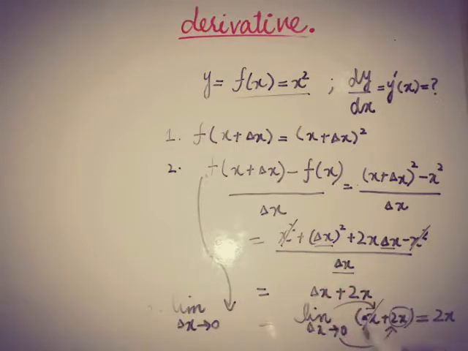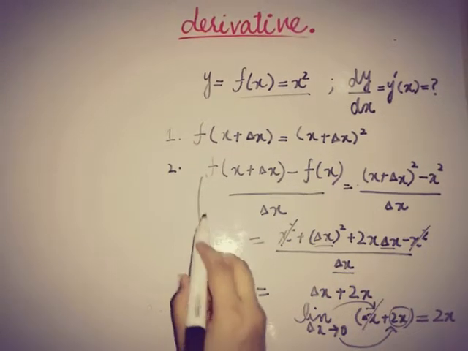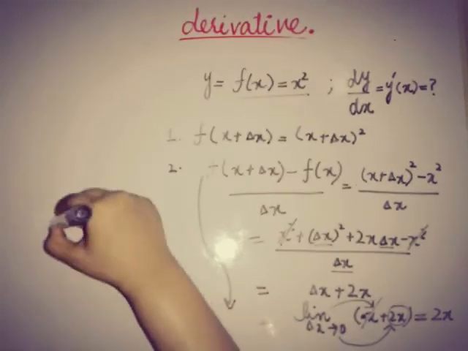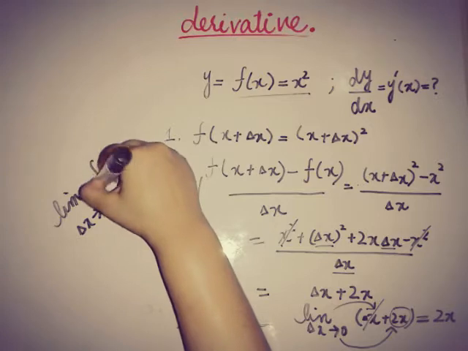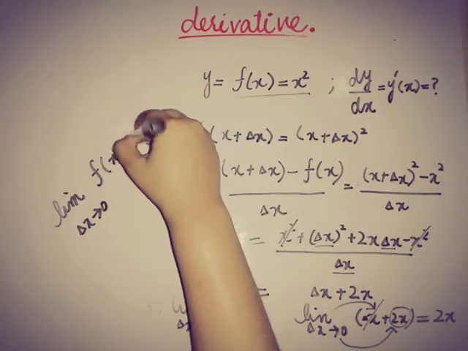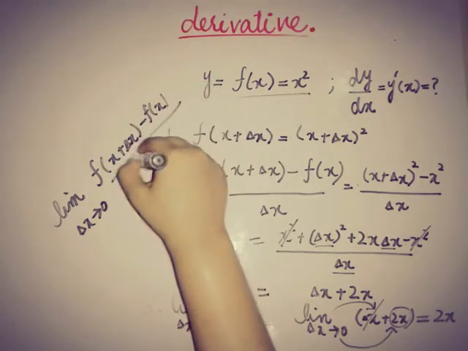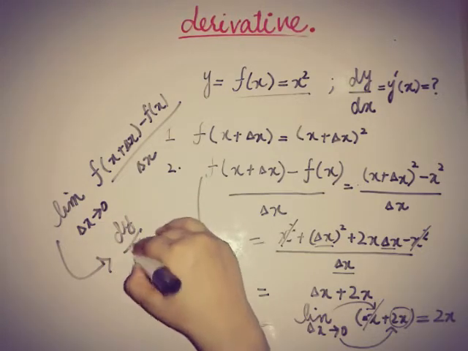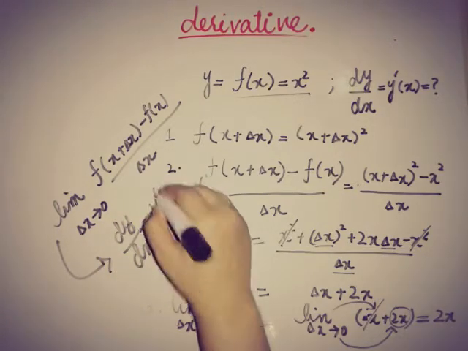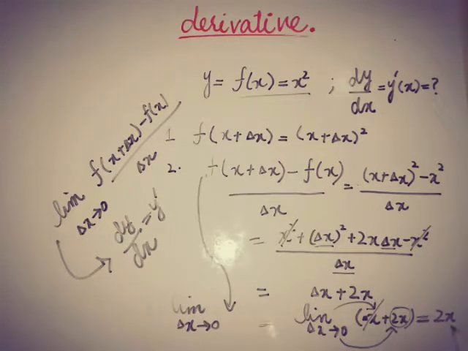As we saw earlier, the definition is the limit as delta x approaches 0 of f of x plus delta x minus f of x, over delta x. So this is equal to dy by dx, or the derivative of y.